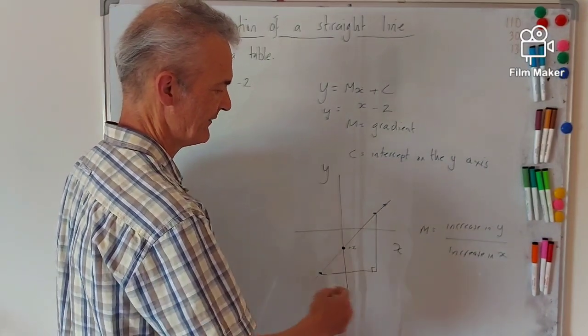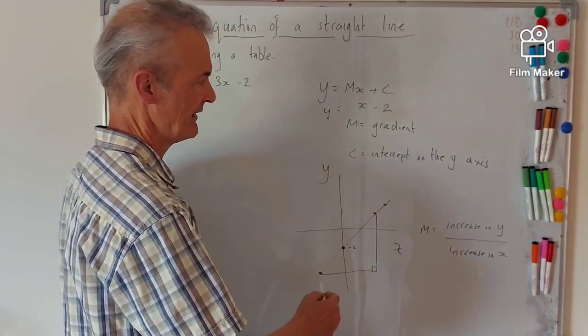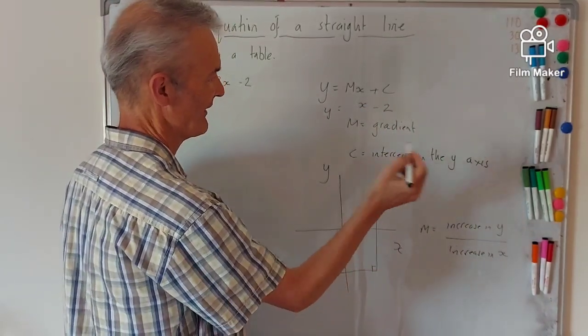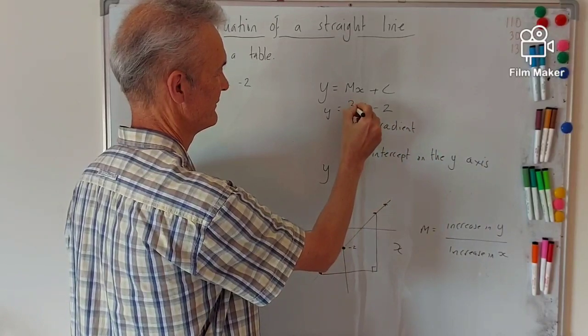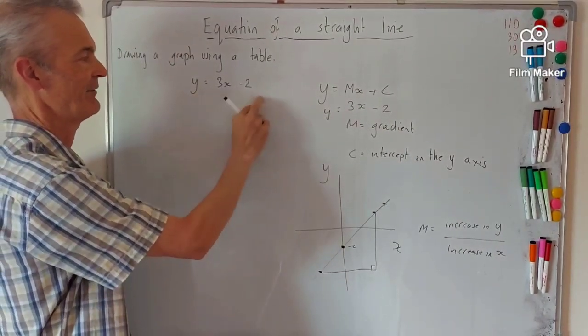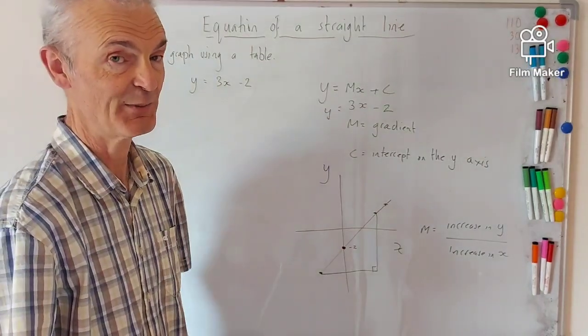So this is going to give us how steep this line is. In other words, it's going to give us the m value. Now let's just say that happens to be 3. So we end up with this line here, 3x - 2, which is going to look something a little bit like that.